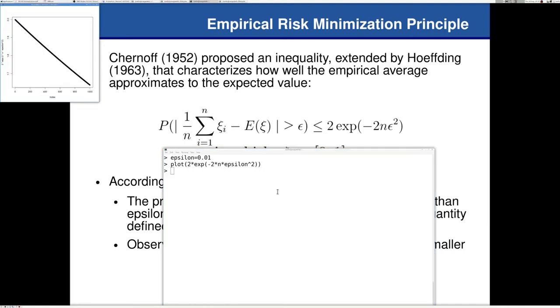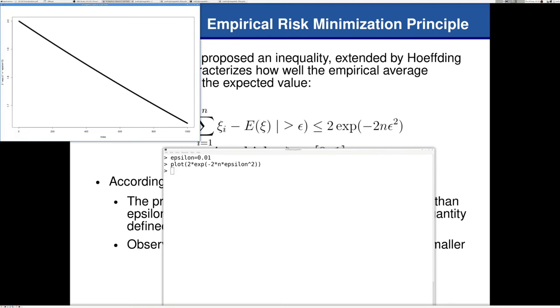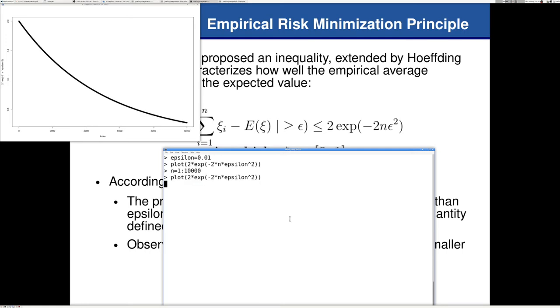Oof, it's not converging yet, because my y-axis is greater than 1, and it cannot be greater than 1, because this is a probability. So I should increase my sample size to something like 10,000. When I plot now, it's converging, but it's still not close to 0. Let's increase this to 20,000 and plot again. It's going to converge to 0.